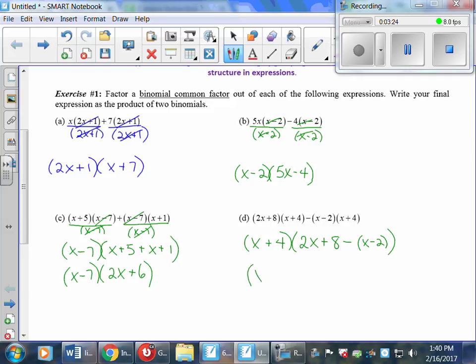So we're left with the x plus 4, and then we have 2x plus 8 minus x plus 2, and you could have skipped that step, but sometimes I find when we skip steps, we make mistakes. Myself included, by the way. All right, so 2x minus x is x, and positive 8 plus 2 is 10. Okay, so write down what you need to, and we'll take a look at exercise 2.